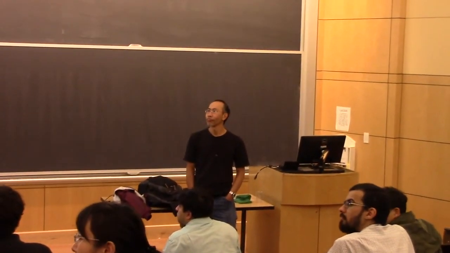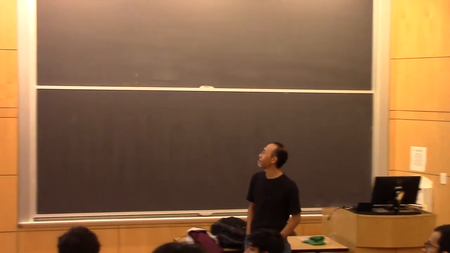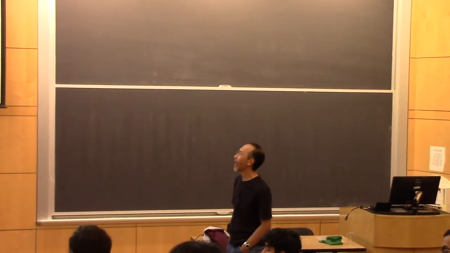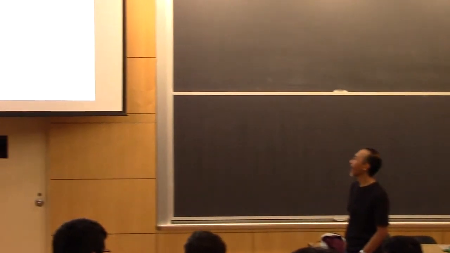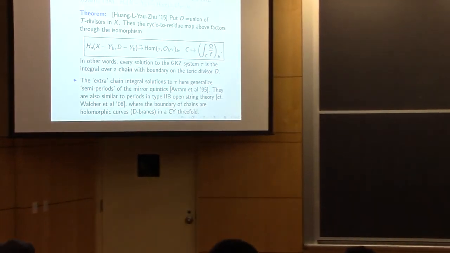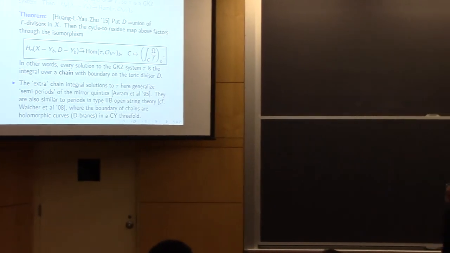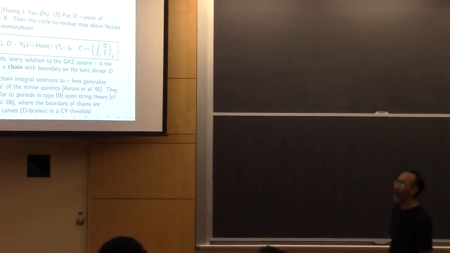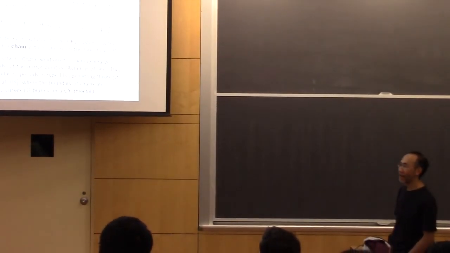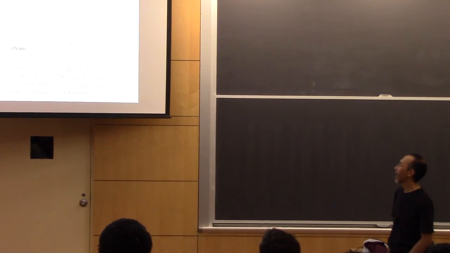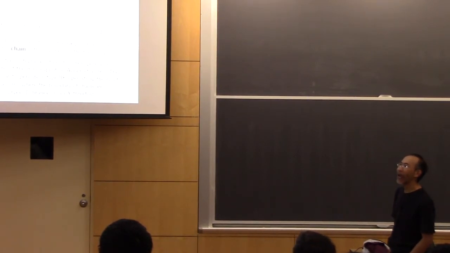So, I have a question about this last theorem. The way you're setting it up, it looks like you are computing these relative periods of self-intersections of anti-canonical hypersurfaces inside some ambient space. But these are really B-branes, right? I mean, you intersect one hypersurface with another, you get the B-brane.